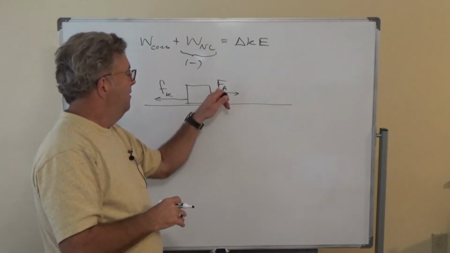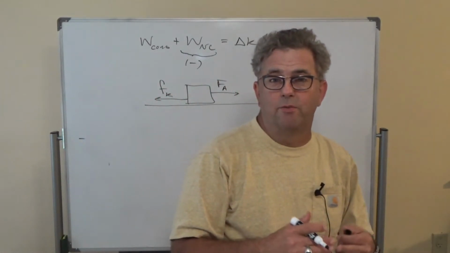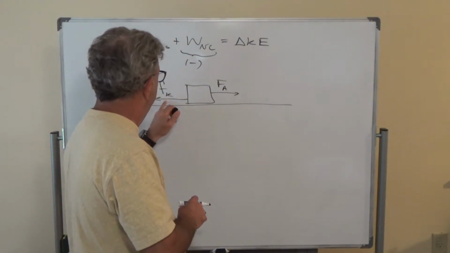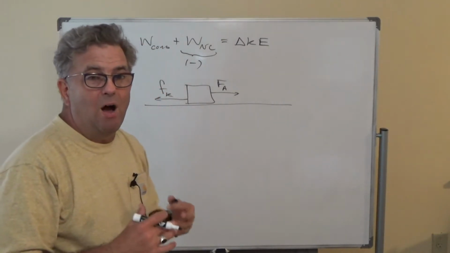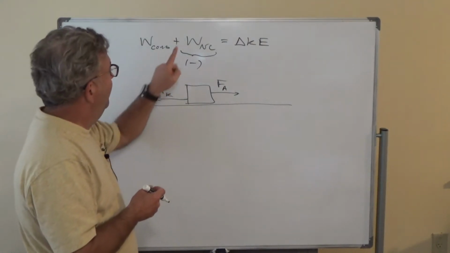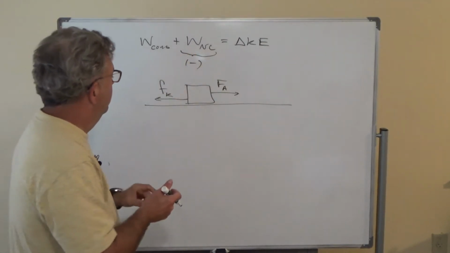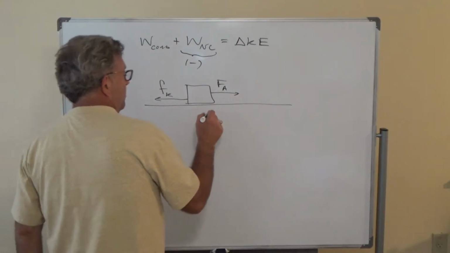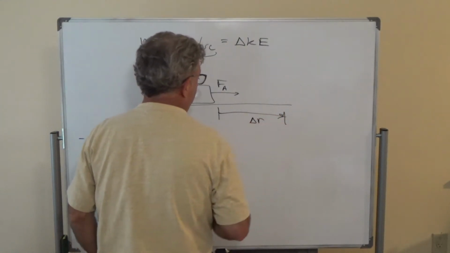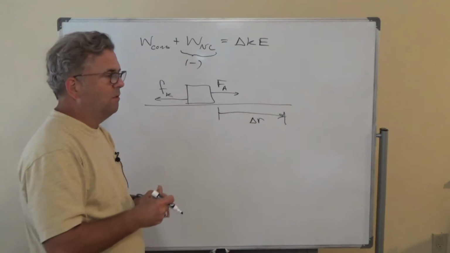This would be a conservative force, or it's an applied force, and Fk makes up the work done by these non-conservative forces. So through some distance delta r, like always, you would have Fa delta r, then you have minus Fk delta r.